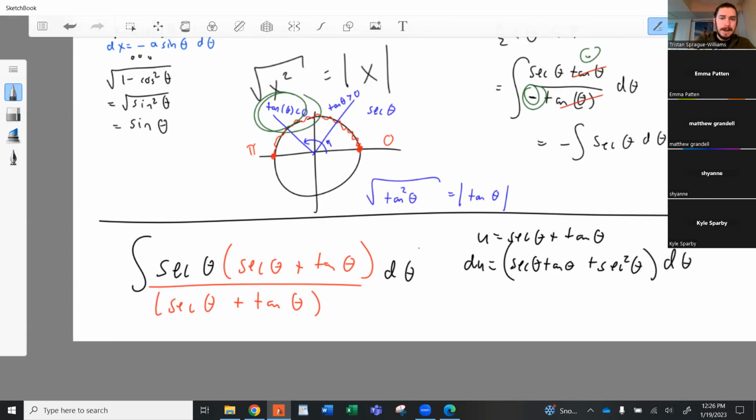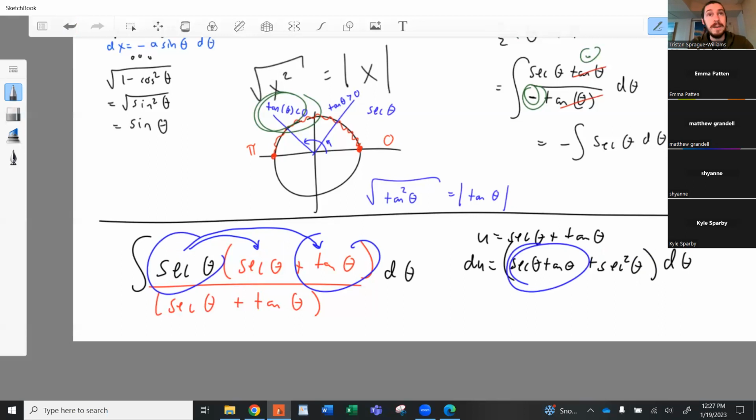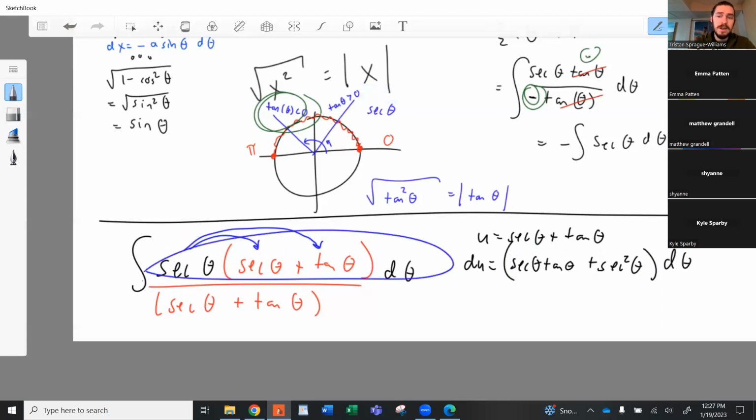Now, if you check out what's going to happen in the numerator, I won't even bother writing this step because I think you can kind of see what's going to happen. When you distribute the multiplication by secant theta, you're going to get a secant squared, which is that. And you're also going to get a secant tangent, which is that. So the entire numerator happens to match what we have here.